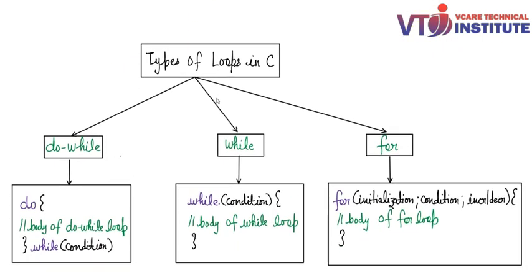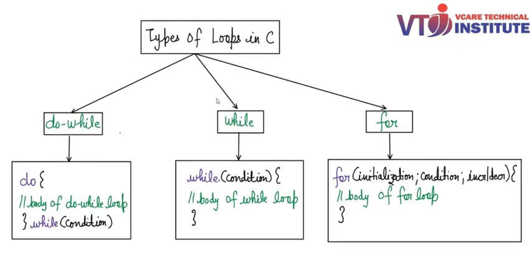Now let's move ahead and talk about types of loops in C programming. Basically there are three types: while loop, do while loop, and for loop. Their syntax is given, and it is simple. We write do and start the bracket, which is the start of the body of the do while loop, and then while, with a condition, the conditions I have already mentioned, like test expression, termination, initialization.